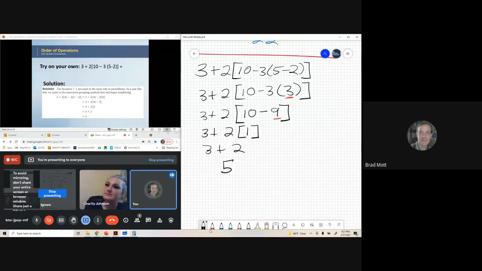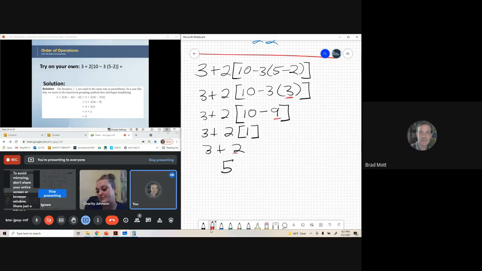So we still have our parentheses we need to take care of. And in the next line, 3 plus 2 times the result of 10 minus 9, which is 1. We've finally gotten rid of all the parentheses. Now we can just deal with multiplication and division, of which we have 2 times 1 being the only remaining multiplication. 2 times 1 is 2.